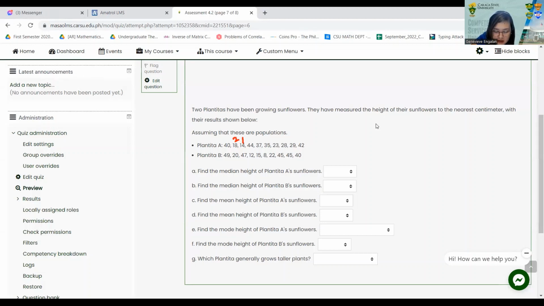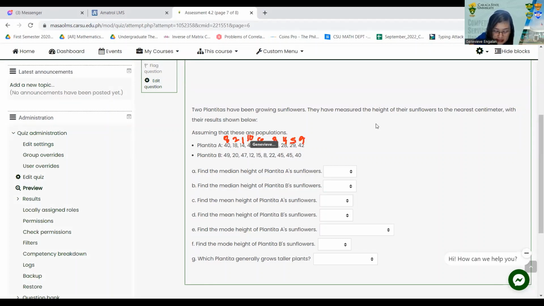Si 23. Ang ika-4 niya si 28. Ang ika-5 si 29. Ang ika-6 kay si 37. Ika-8 kay si 40. Ika-9 si 42. Tapos ika-10 kay si 44.